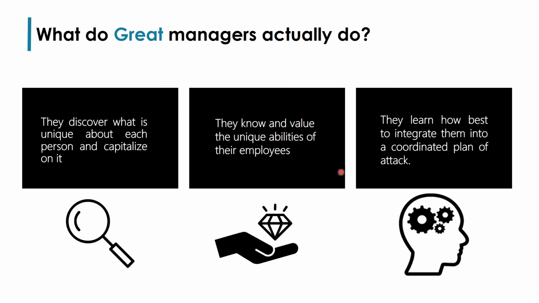They know and value these unique capabilities of each person, and they know how best to integrate all of the potentials, capacities and abilities of their employees within a bigger pattern of a coordinated plan, so that eventually they steer all of the organization's potential, the 5 M's that we earlier discussed, towards the attainment of organizational objectives. That's what makes great managers different, and that's what they actually do.